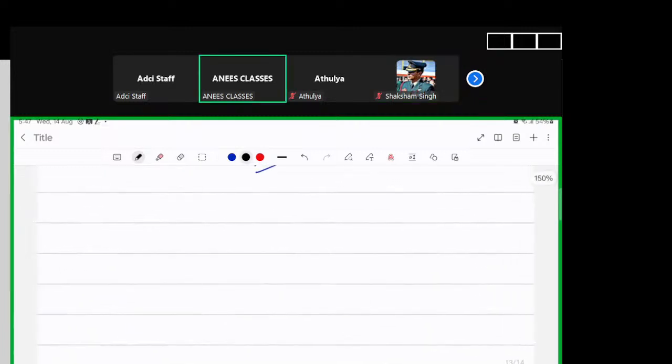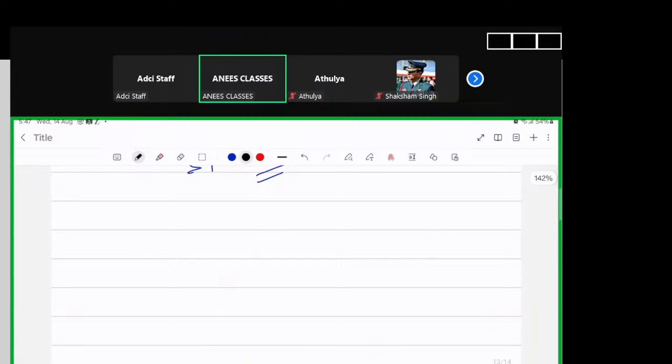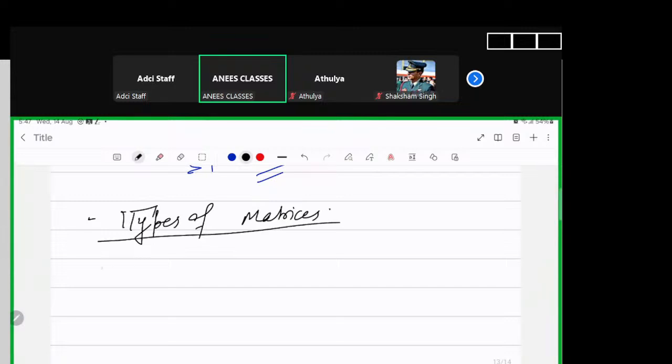Now I have explained the definition of matrices. Now, types of matrices. I will only tell the words.